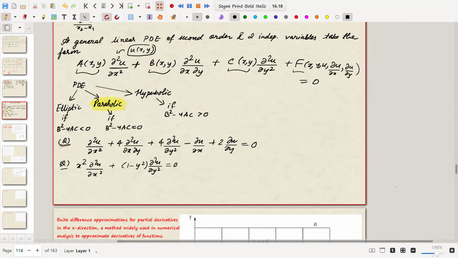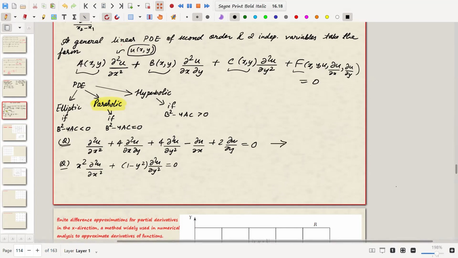First equation is, yes, first equation is, what is this equation?